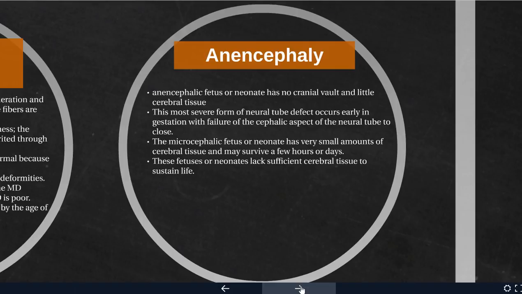So there's two. There's anencephalic, and in medical terms an means without, so that is without cerebral tissue, and micro means small, so micro means that they have very small amounts of cerebral tissue. These fetuses or neonates lack sufficient cerebral tissue to sustain life, so these babies unfortunately do not live very long.